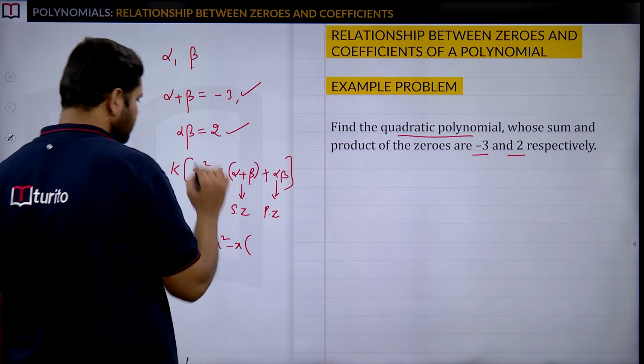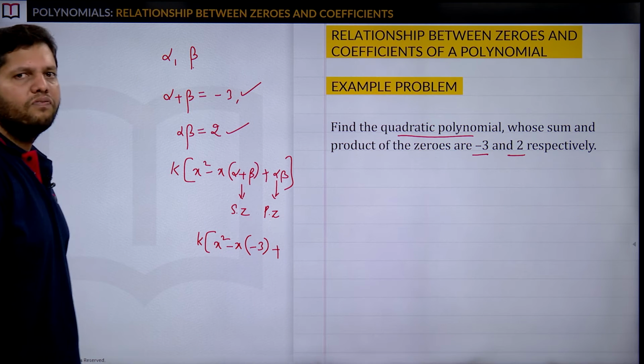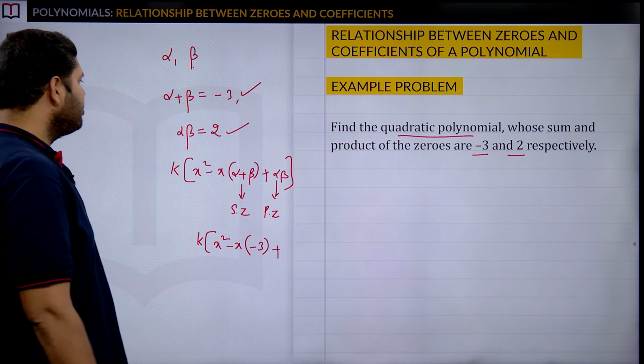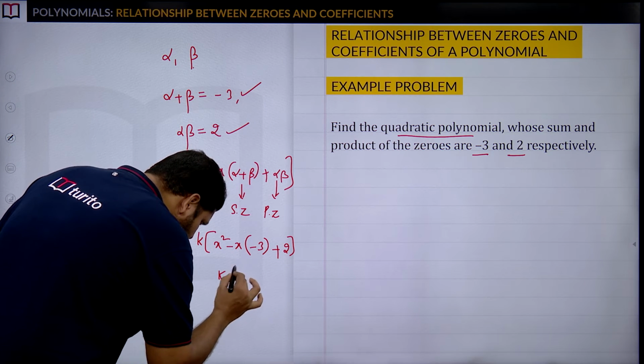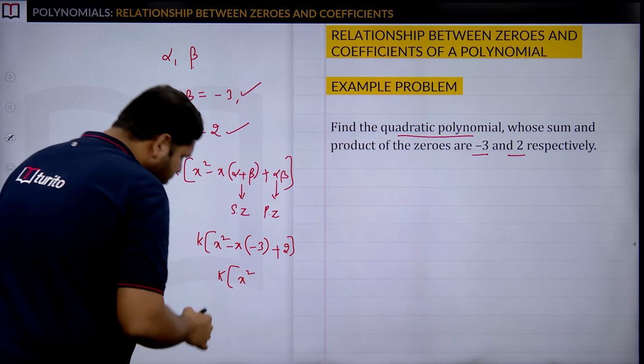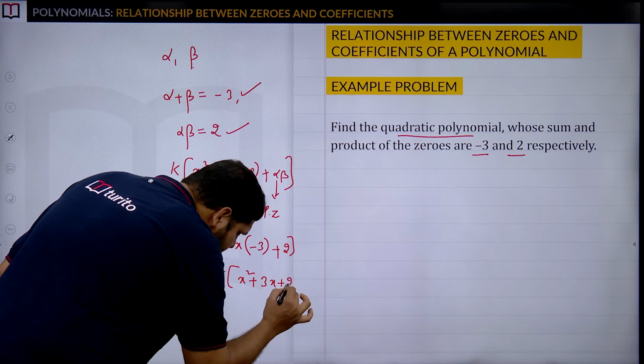It is minus 3. So write down here minus 3 plus alpha into beta. What is alpha into beta value, children? That is plus 2. So write down the 2. So k into x square, minus into minus is plus. So we can write as 3x and this is plus 2.